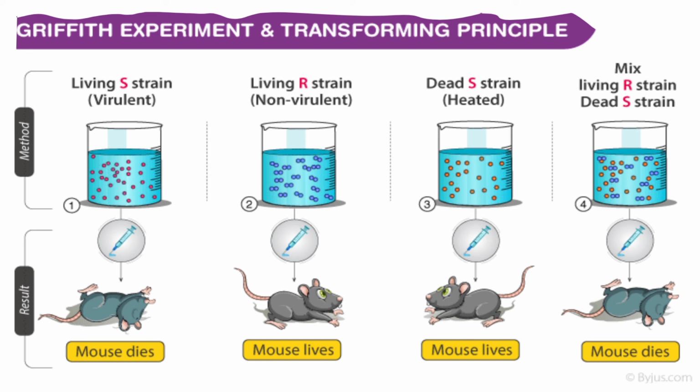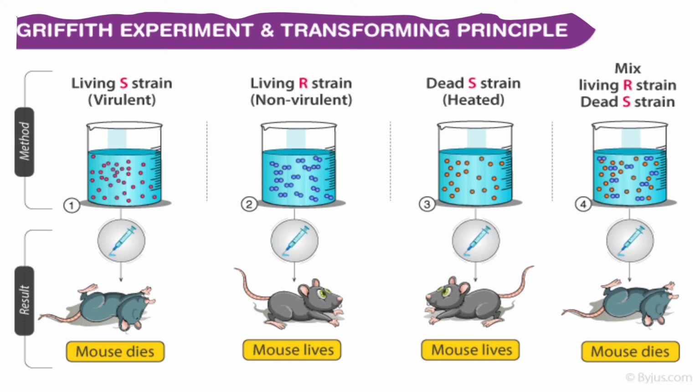The R strain and the S strain combined with each other and made the R strain into a virulent strain. R strain was normally non-virulent, but when the heated S strain combines with it, the effect of the S strain is transferred into the R strain, and now this R strain is making the mouse die. So this is the transformation principle.